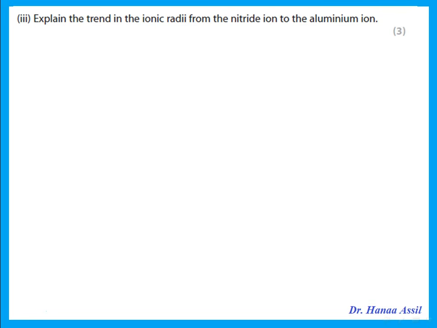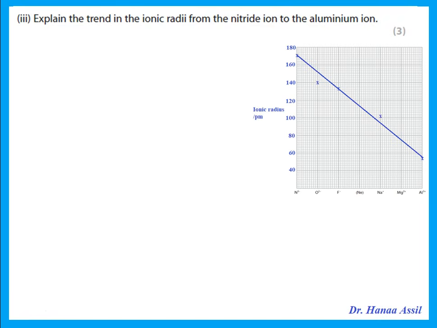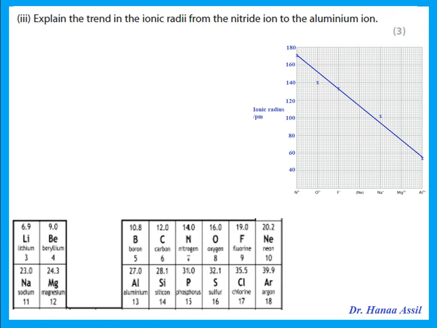Explain the trend in the ionic radii from the nitride to the aluminum ion. So this is the graph we had. Now explain why from the nitride to the aluminum, the ionic radius is decreasing. Now, if we look at the periodic table, what are we looking at?